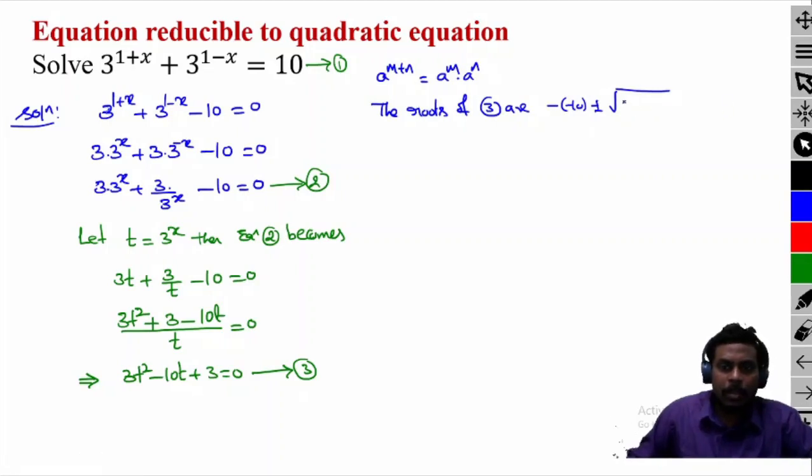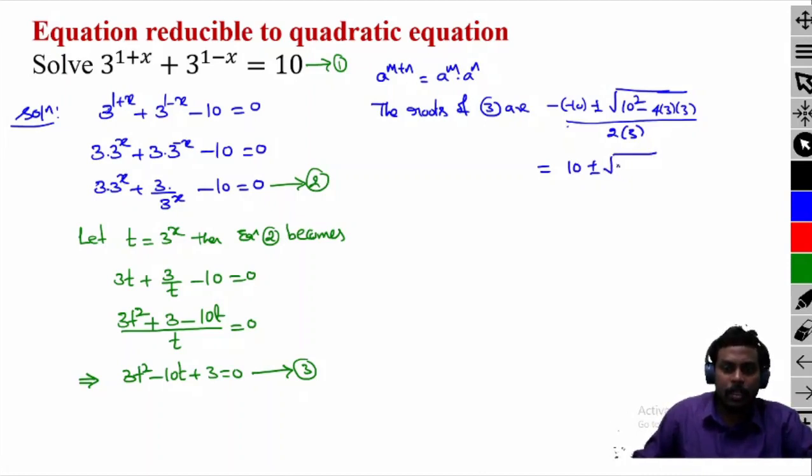B square is 10 square minus 4 into 3 into 3, divided by 2 into 3. So that is going to be 10 plus or minus square root of 100 minus 36, divided by 6. So that is 10 plus or minus 8. Square root of 64 is 8.